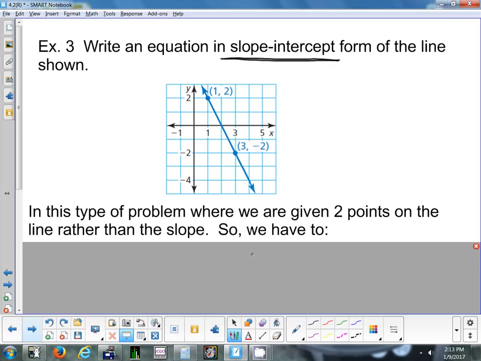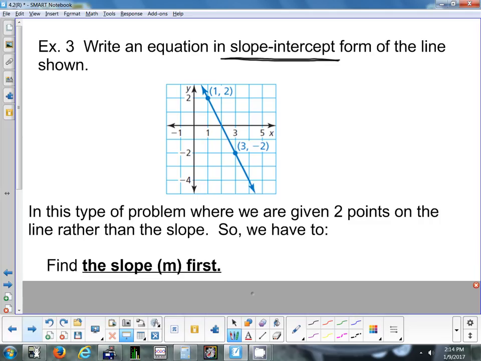Did they give me the slope? Did they say in this problem, slope equals 3? No, they didn't give me the slope. You have to find it. You have to find the slope first.